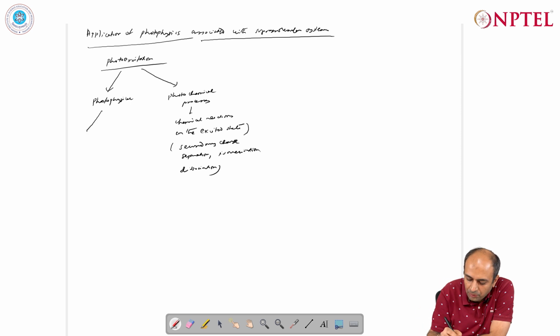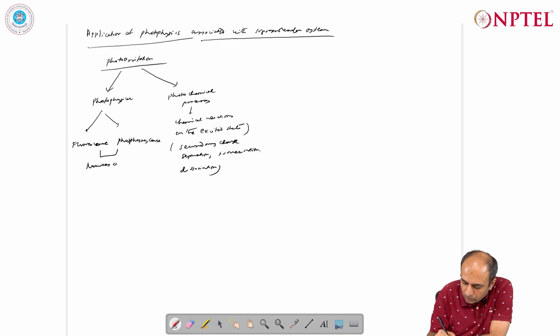In the photophysical properties, we have looked at the concept of fluorescence and phosphorescence, which are luminescent processes.